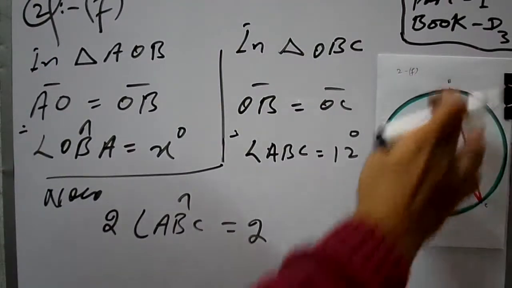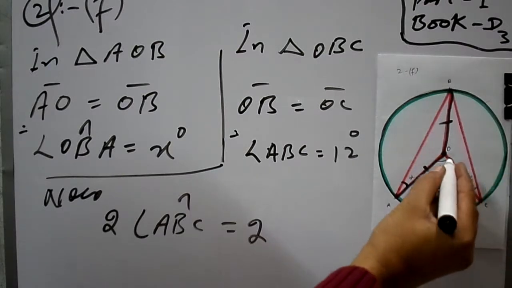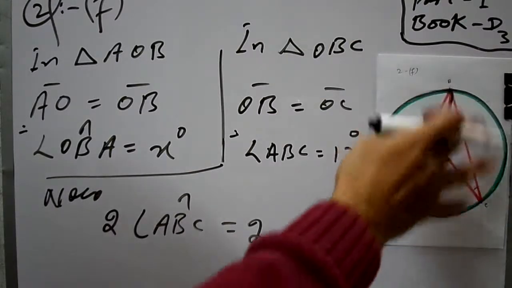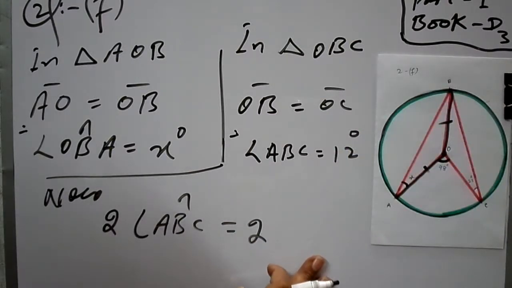ABC, that is this angle. So which is equal to what? That is equal to 98.